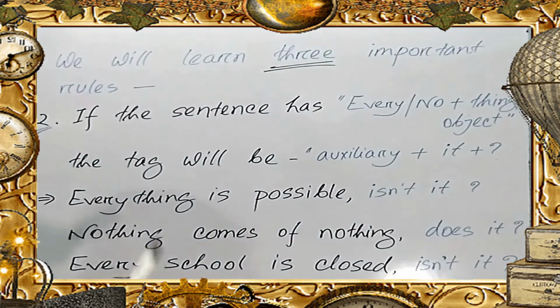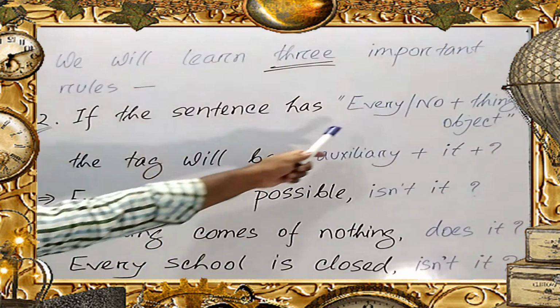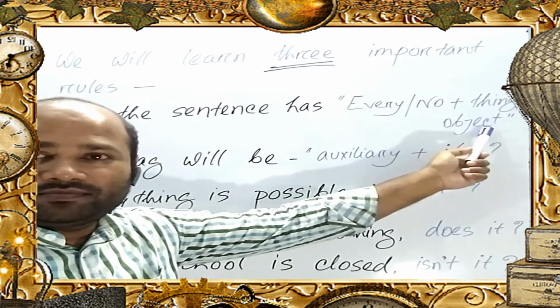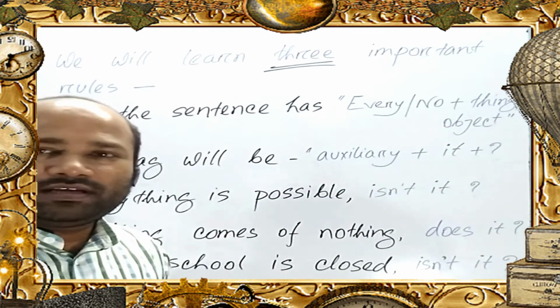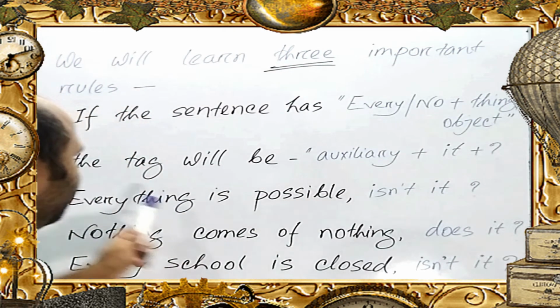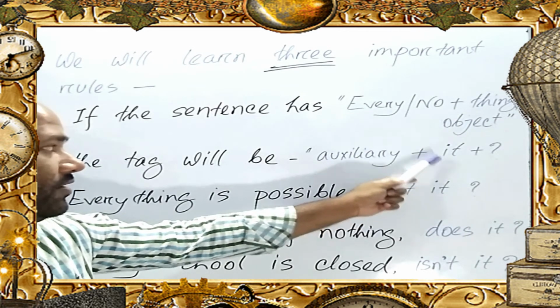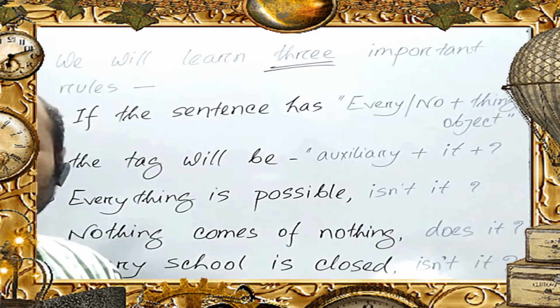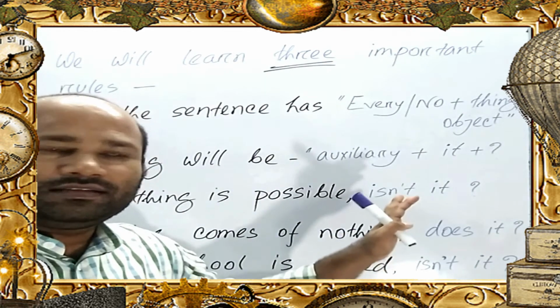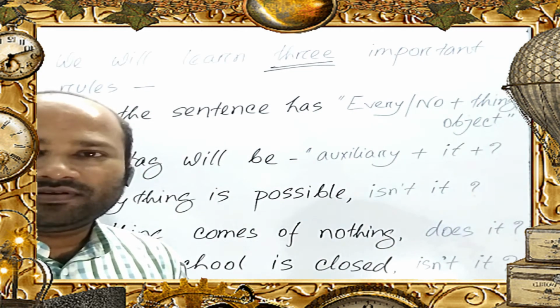So if the sentence has every or no plus thing or object, not only thing or any kind of object, the tag will be auxiliary plus it, or auxiliary plus n't. If it is not, this auxiliary means only the singular auxiliary.